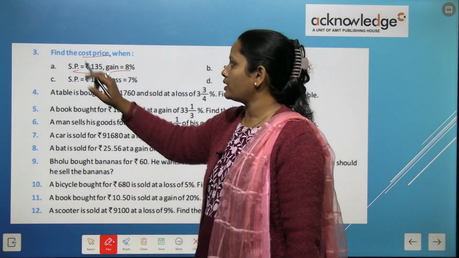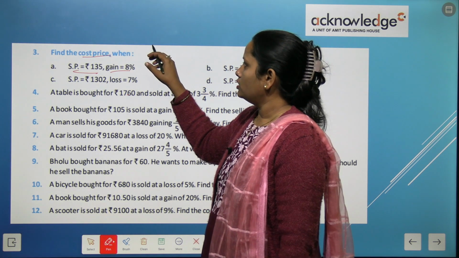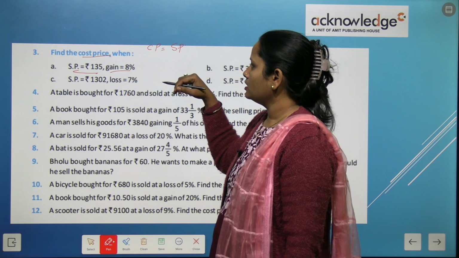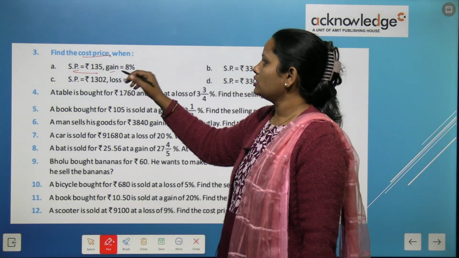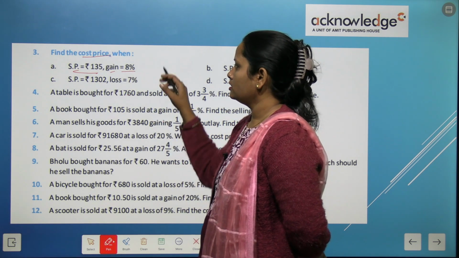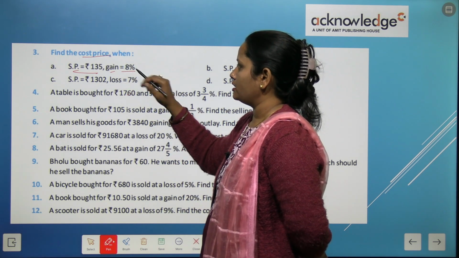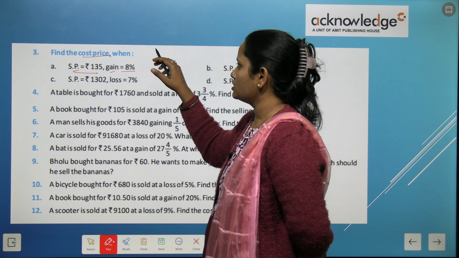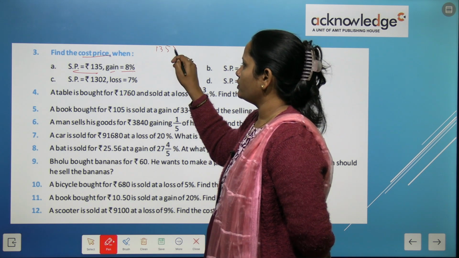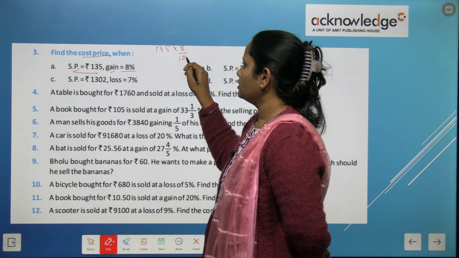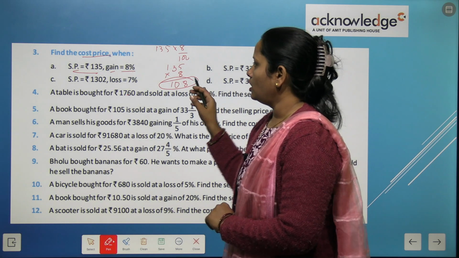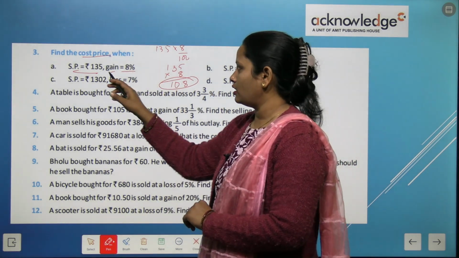You have to find the cost price. We have to first find out how much is the gain. We have to find the gain first. So 135 multiply 8%. So children, this is the total gain that we have got.